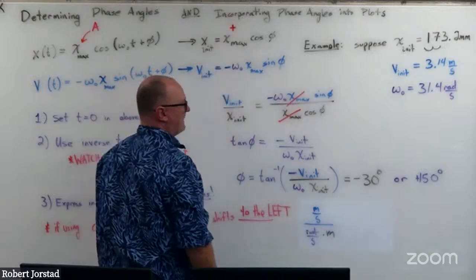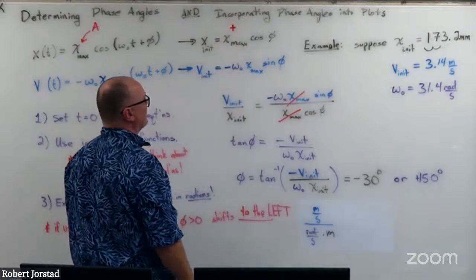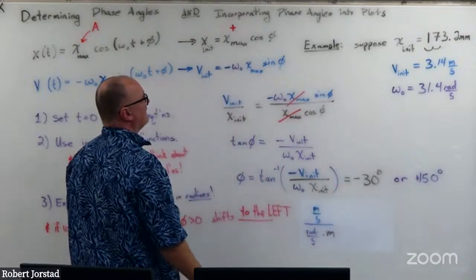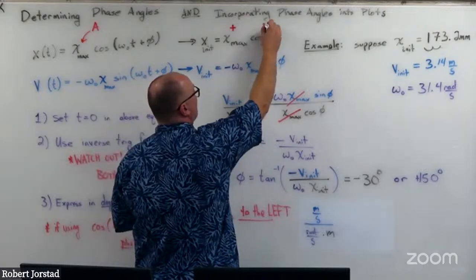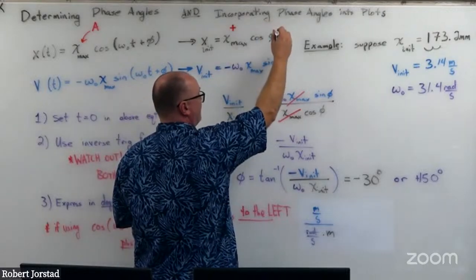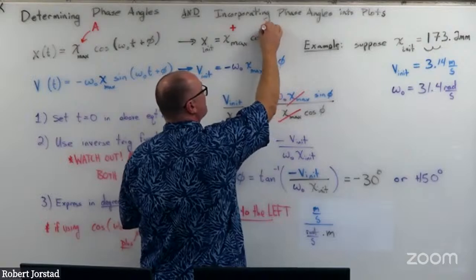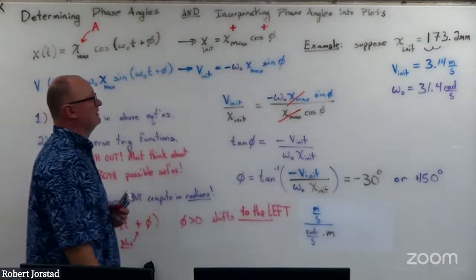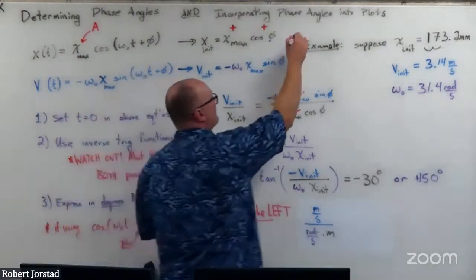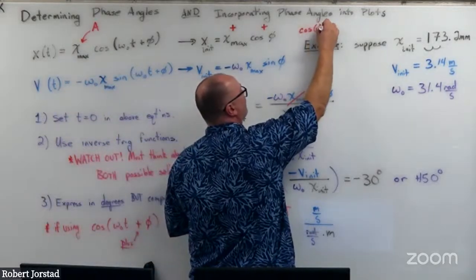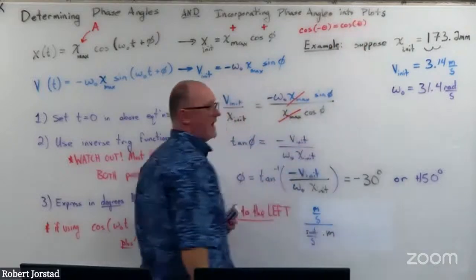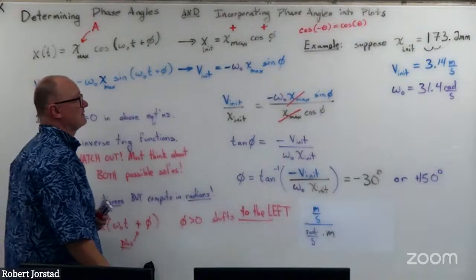Now, in this case, cosine of negative 30 would give me a positive number. So that's right, cosine of a negative angle. I guess what I'm saying is cosine of negative theta equals cosine of theta. The x coordinate doesn't flip.